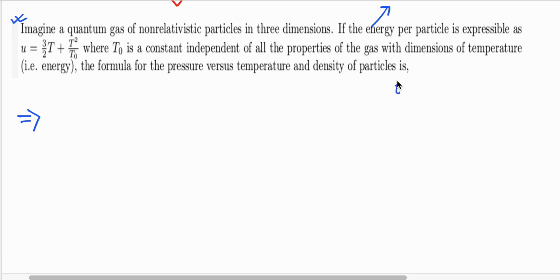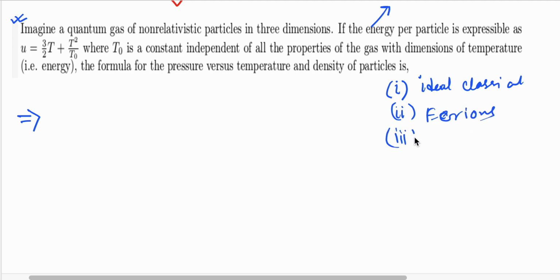We know 3 types of gas are there. One is the ideal classical gas. Second is fermions. Third is bosons, right?